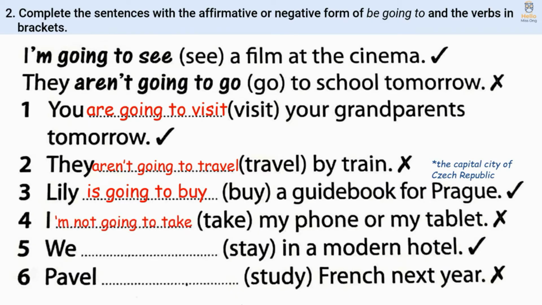I'm not going to take my phone or my tablet. 5. We're going to stay in a modern hotel. 6. Pavel isn't going to study French next year.